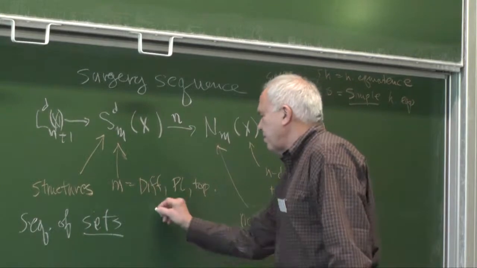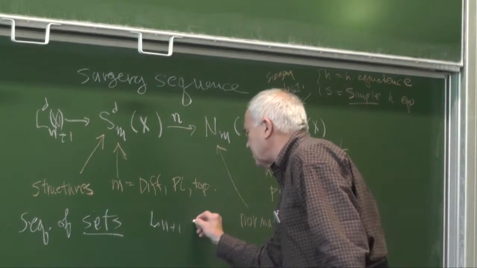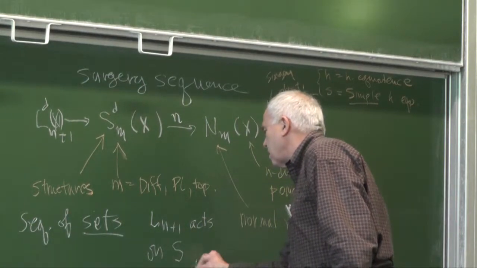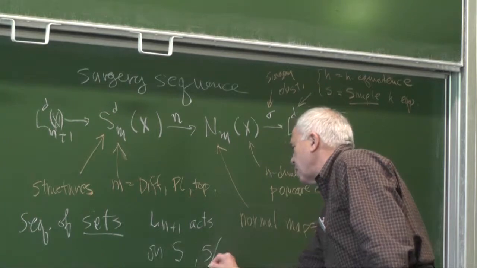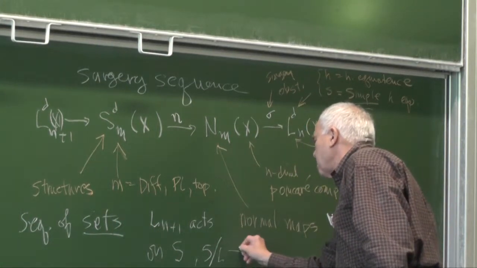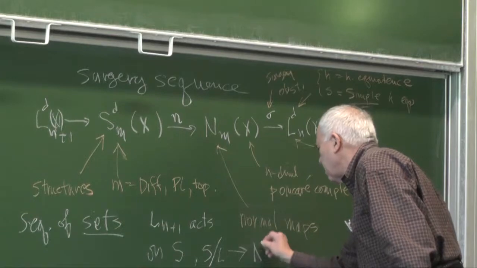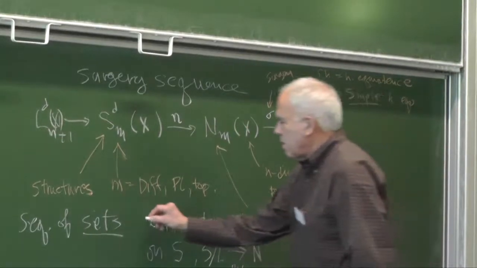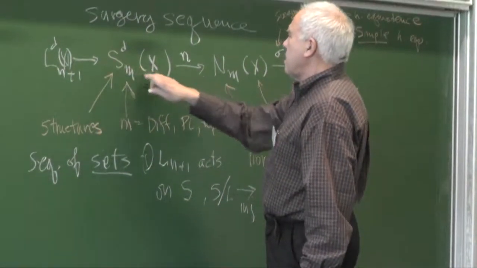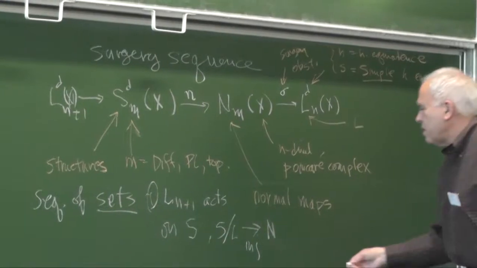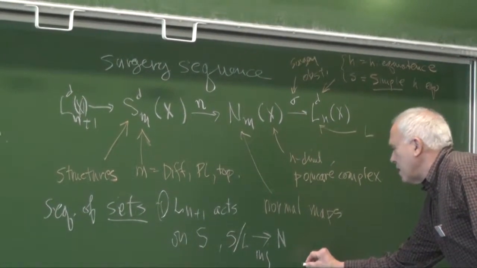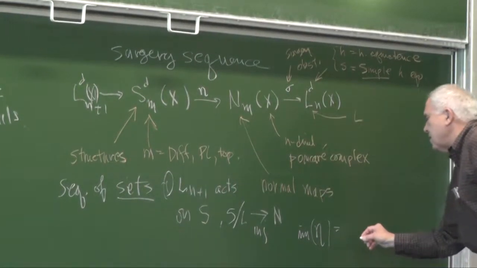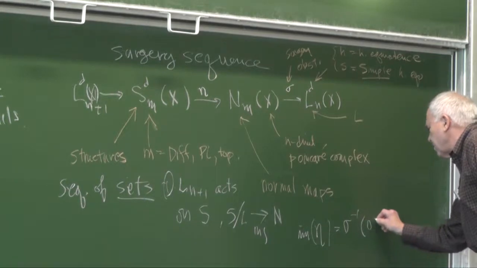So what that means is L_{n+1} acts on the structure set, and the quotient injects into N. So that's exactness here. Then exactness here is that the image of eta is the inverse image of 0.